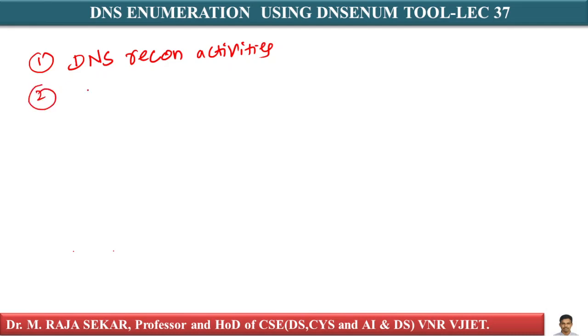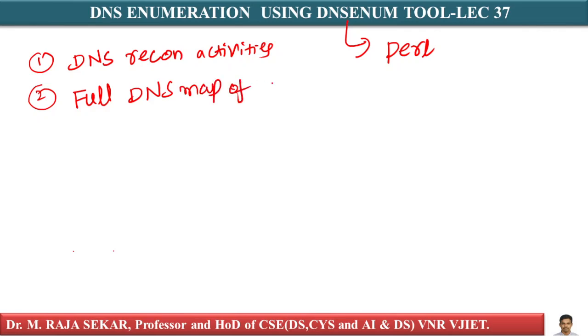Second, this DNSenum tool is written in a language known as Perl. It can help you to create a full DNS map of any domain on the internet. Isn't it?